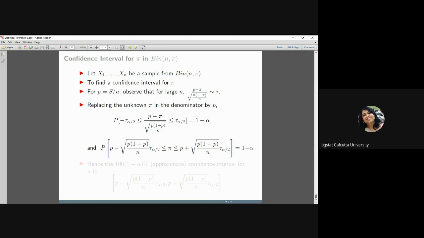So it must be that the probability of this quantity lying between the lower alpha by 2th tail and the upper alpha by 2th tail is 1 minus alpha. Again, I can manipulate the inequality and bring pi in the middle. My two cutoffs turn out to be p minus root over p 1 minus p by n tau alpha by 2 and p plus root over p 1 minus p by n tau alpha by 2. So p is here the sample proportion.